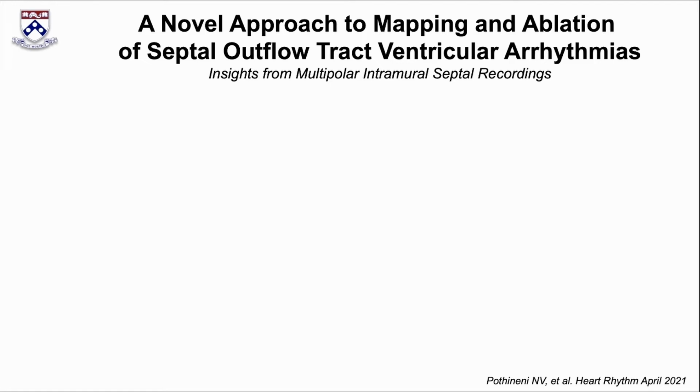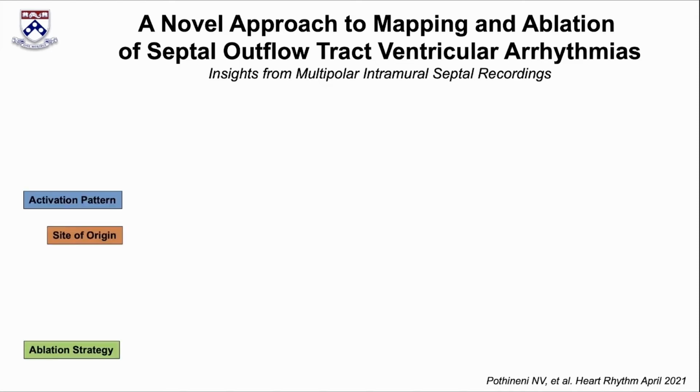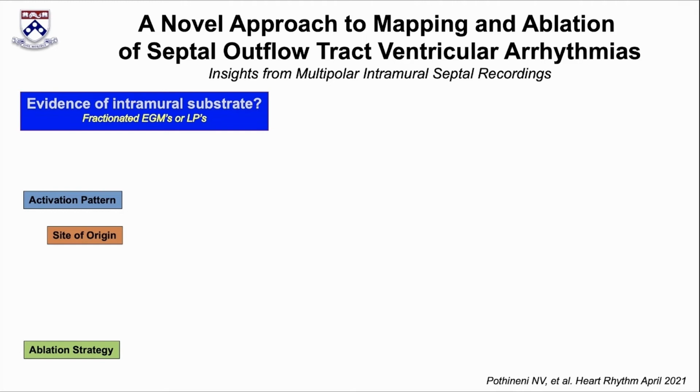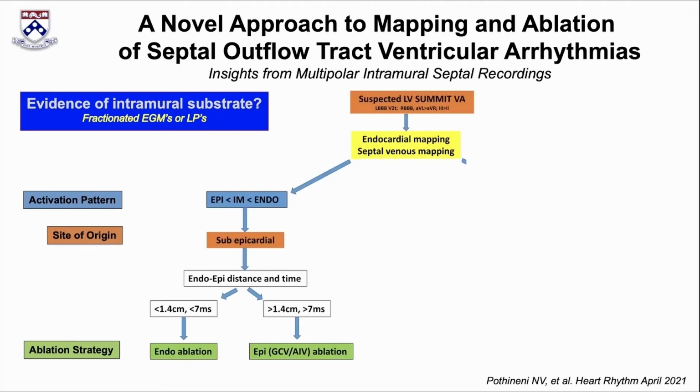So we have designed an approach to try to guide ablation of intramural substrates by using venous mapping. The first question always is: is there evidence of intramural substrate based on the techniques that we described? And then there are going to be 3 activation patterns once you do endo, intramural and venous mapping.